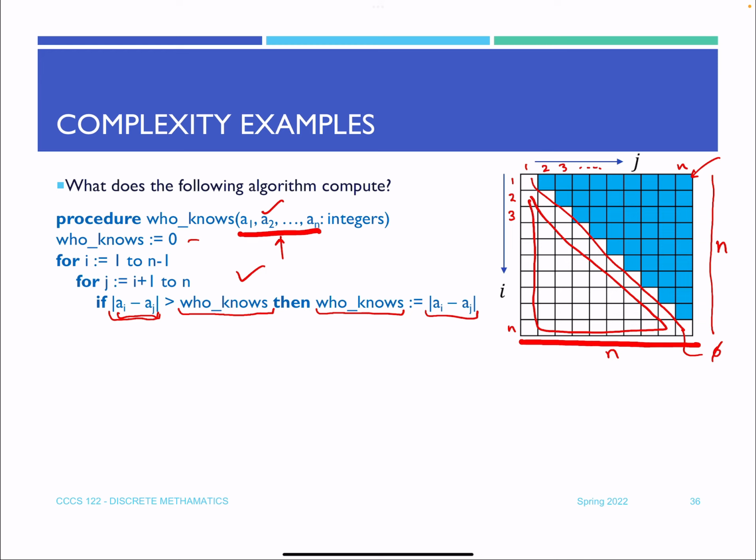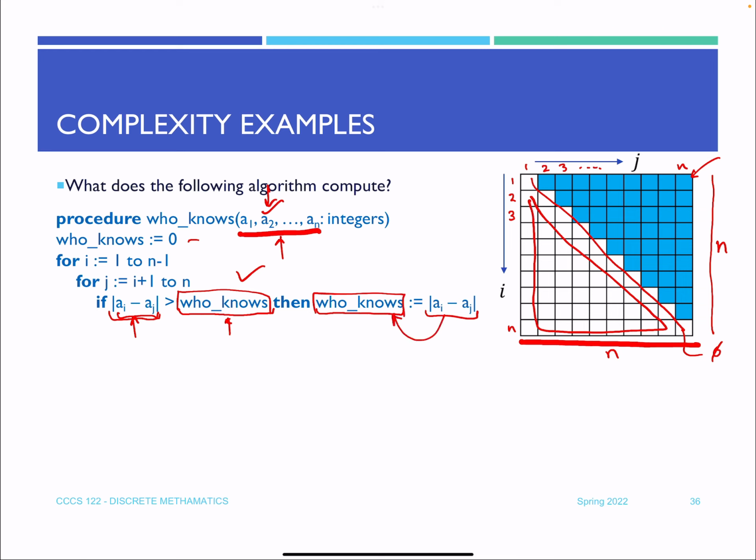So once again, who knows is the difference between two elements of array A, and anytime we encounter a pair of values from array A that have a difference larger than what's already in who knows, we update the value of who knows with that new difference.